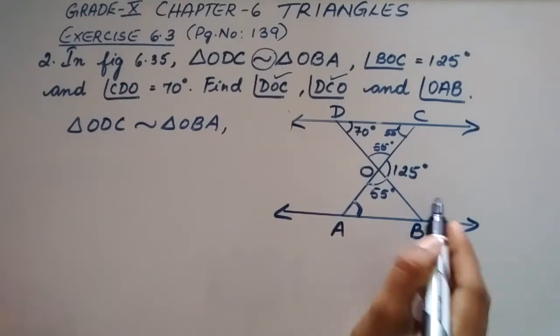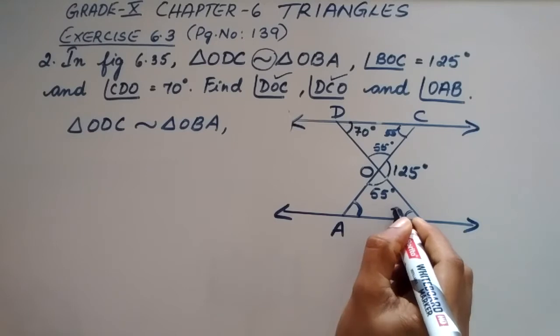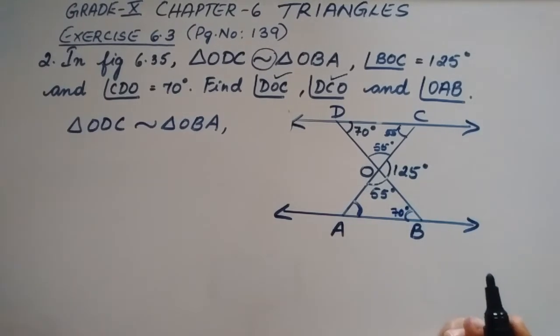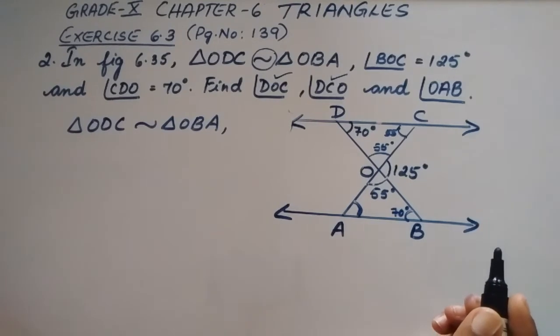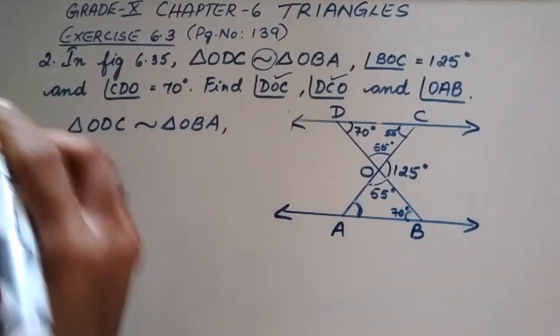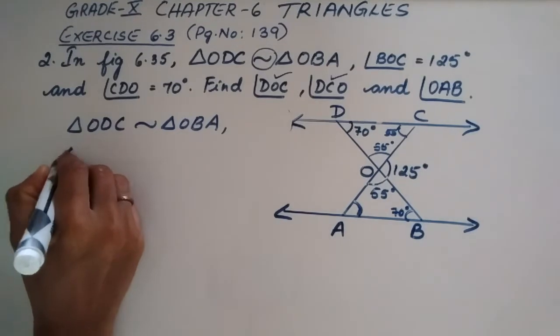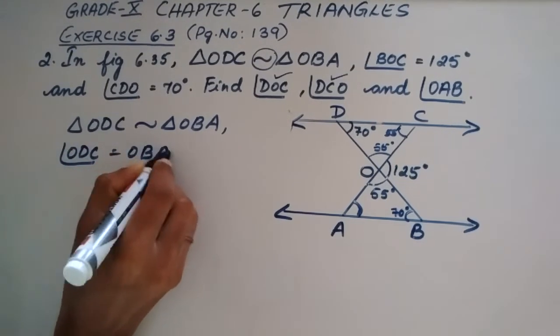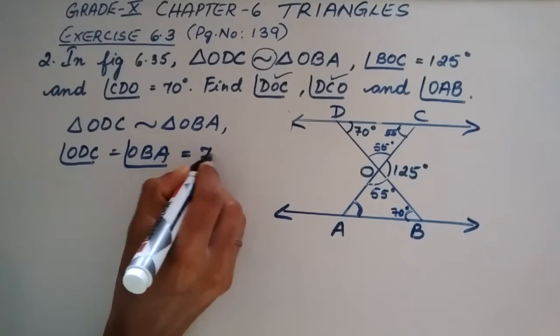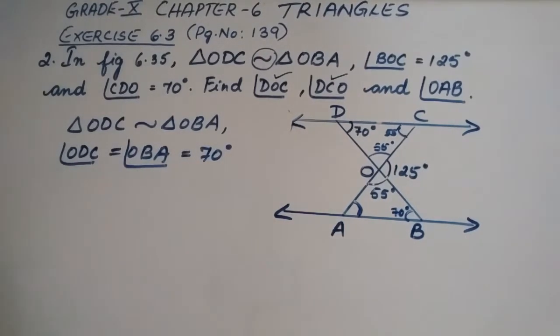This is 70 degree, and this is also 70 degree. The corresponding angles of the similar triangles are equal. That is, angle ODC is equal to angle OBA, which is equal to 70 degree.